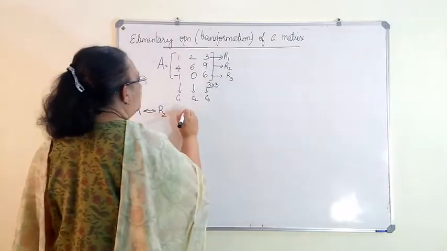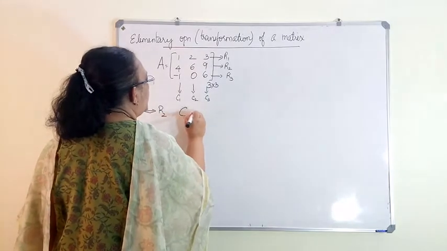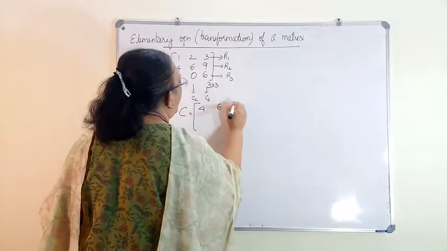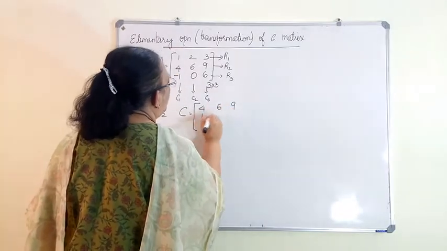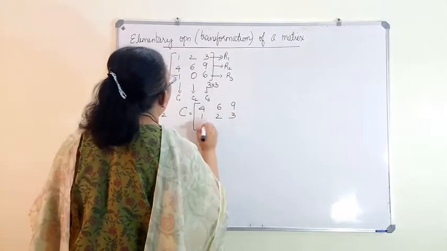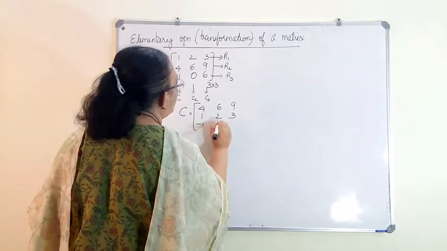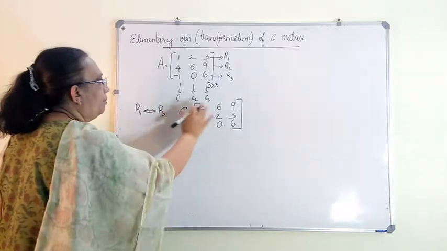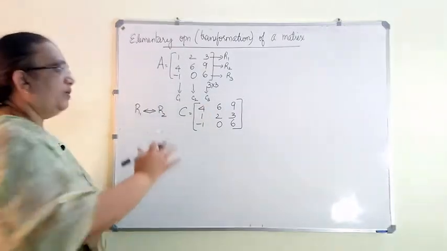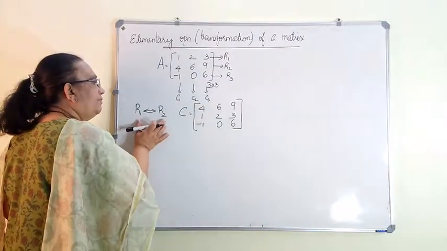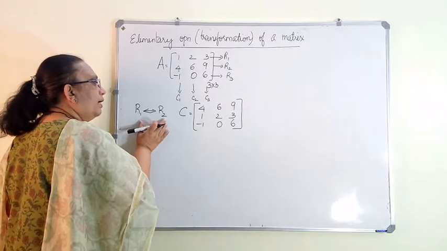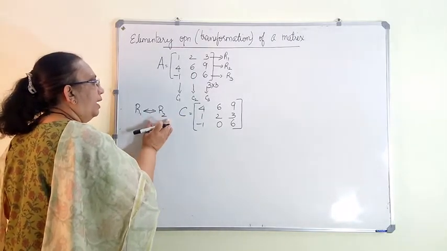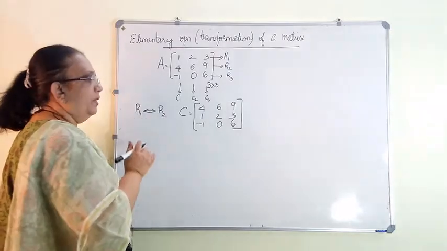Now the matrix becomes C is equal to matrix 4, 6, 9, 1, 2, 3, minus 1, 0, 6. This is called transformation. That is, you are making some changes. And whatever change you are making, you have to write before writing the matrix: R1 and R2 are interchanged.